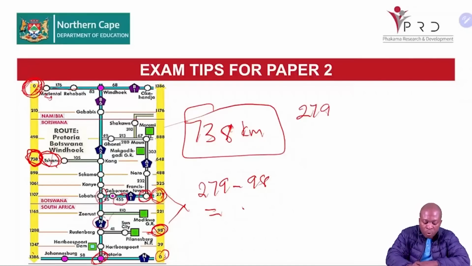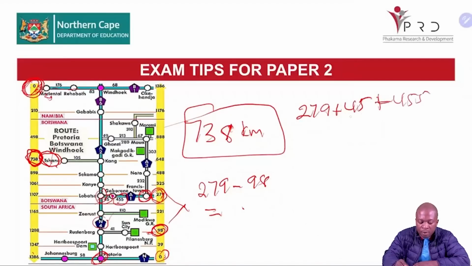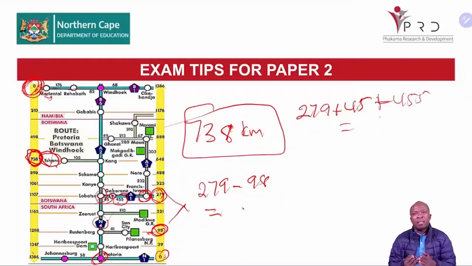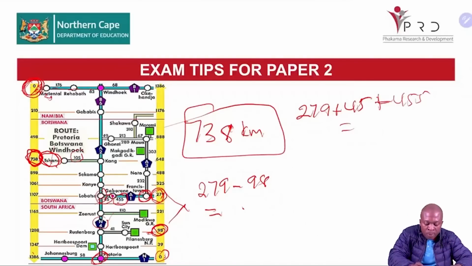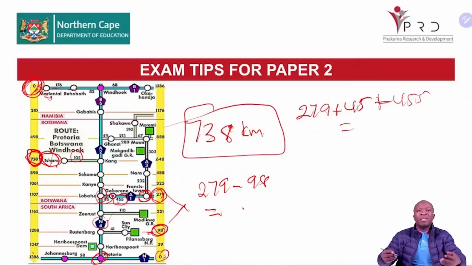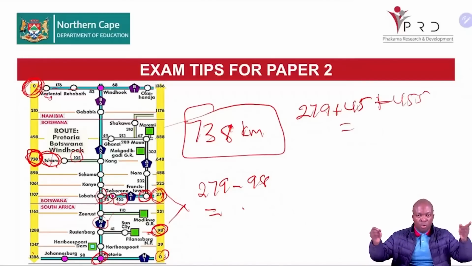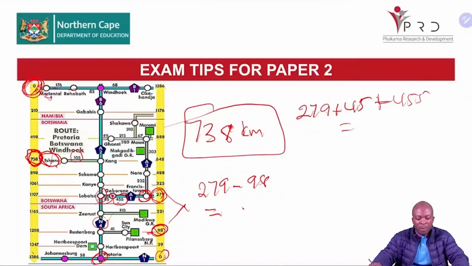Can you see that? So we have the distance of 45. So you're going to say plus 45. Then there's another distance of 455. You will add all those distances together. That will be the distance from Pretoria to Francistown if you are using the N4. So you keep on adding. Once you see values like this which are not in any form of shape, it means that is the distance between the two places. I hope that makes sense to you. All right.